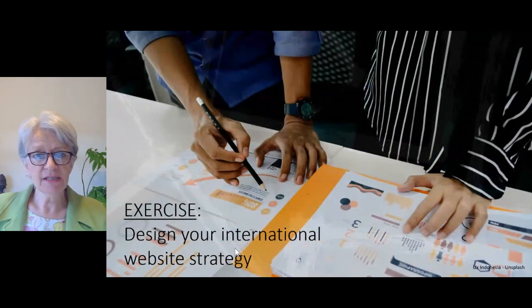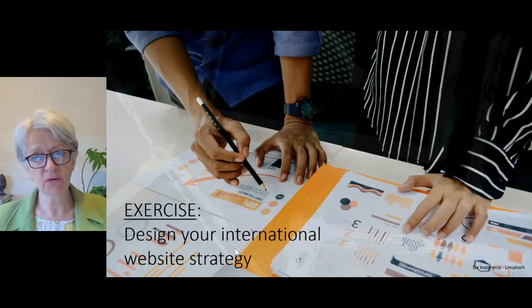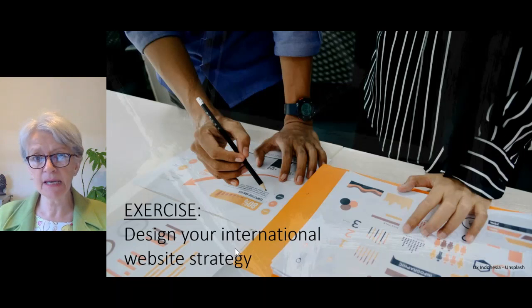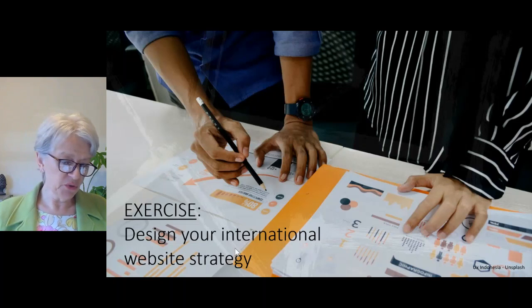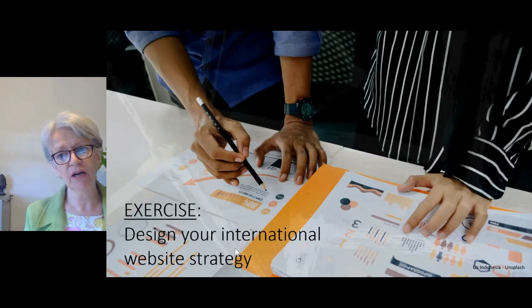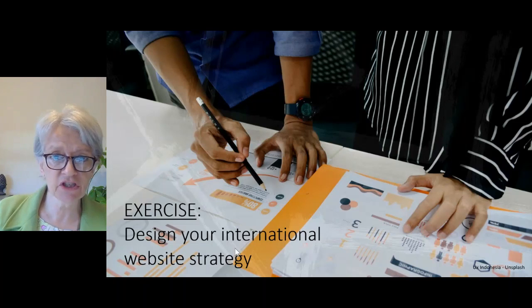So I'd like you just to take a few moments now to reflect on what we've talked about. So we've looked at your strategy, whether you can get a generic top-level domain, how you want to set up your domain names, whether you're targeting countries or regions, whether you want to include just English language, how you can internationalize that, or whether you're going to include local languages.